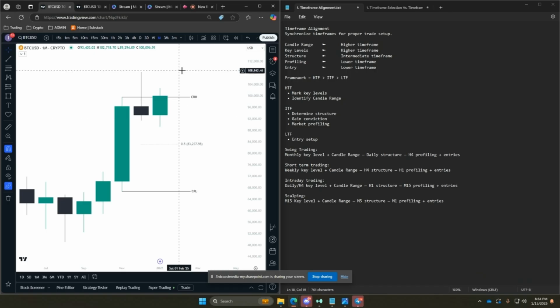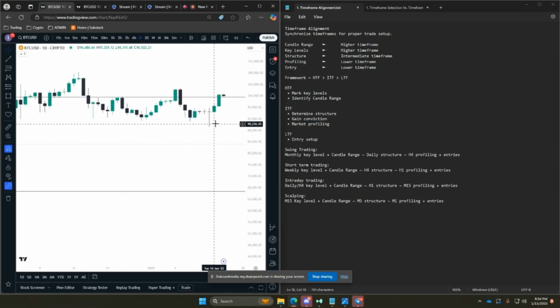After we mark the key levels on the higher time frame, we move to the intermediate time frame. In this case, our higher time frame is the monthly. That's what we chose. So that would make the intermediate time frame the daily chart. So let's move to the daily chart.